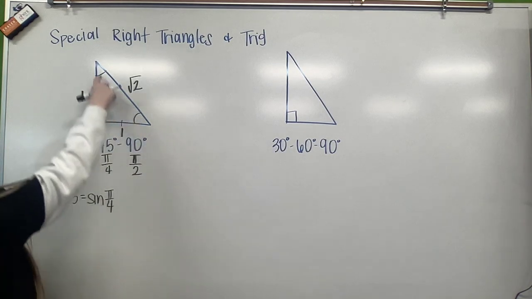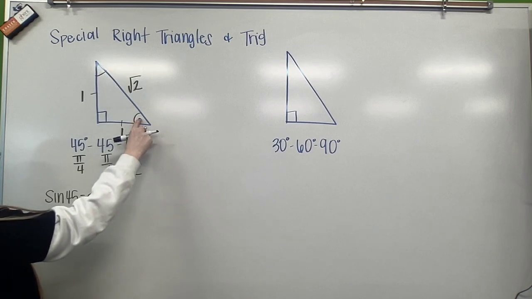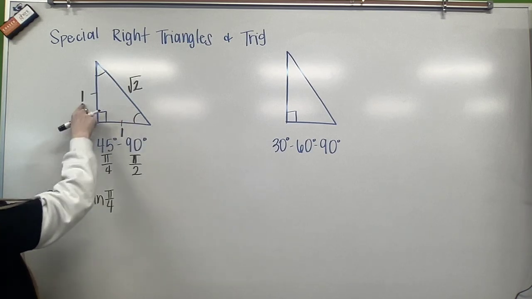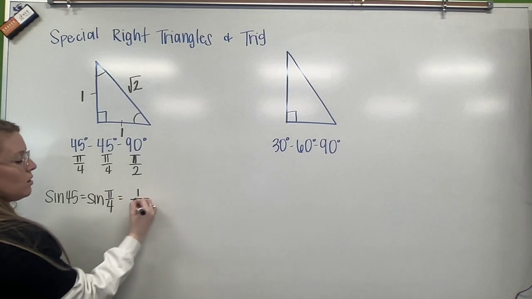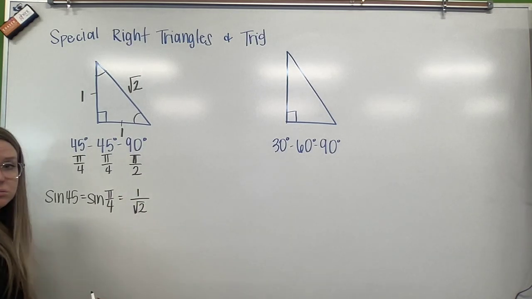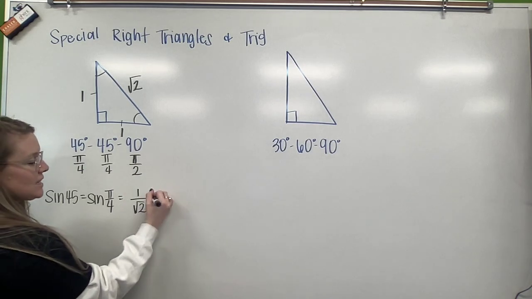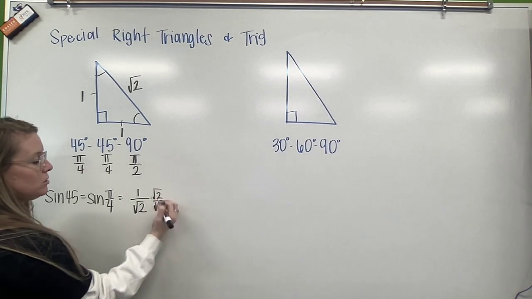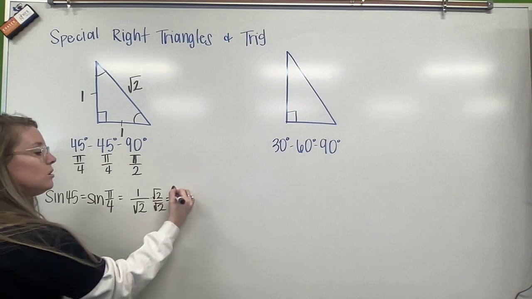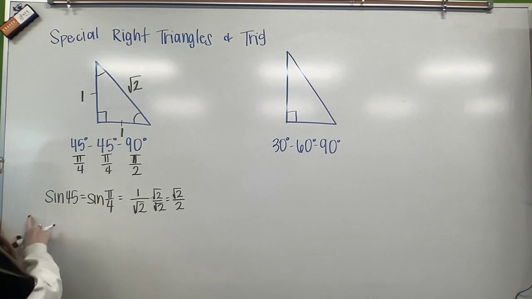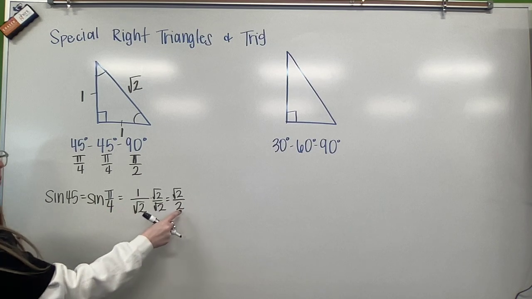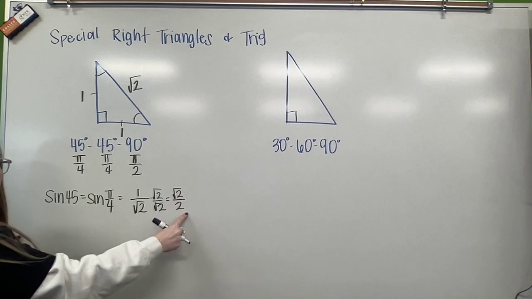Well, either one of these is 45 degrees, so we're going to set this up as opposite over hypotenuse. So that is 1 over root 2. We're going to rationalize this by multiplying by root 2 over root 2, which gives us root 2 over 2. So the sine of 45 will always be root 2 over 2.